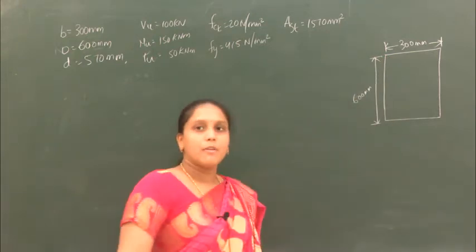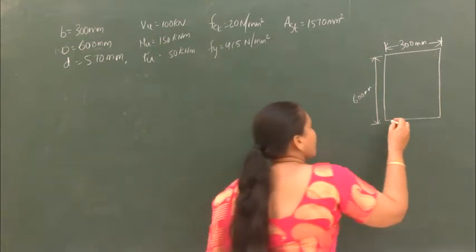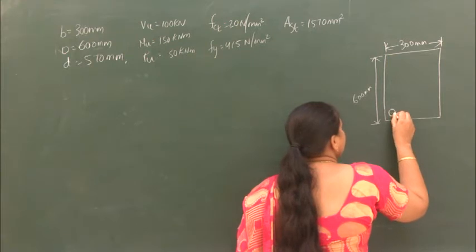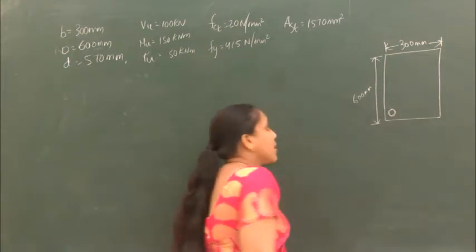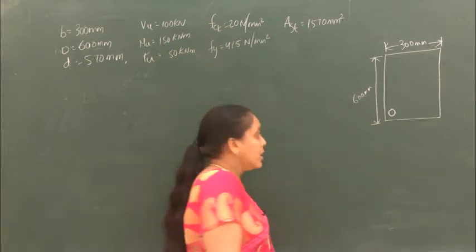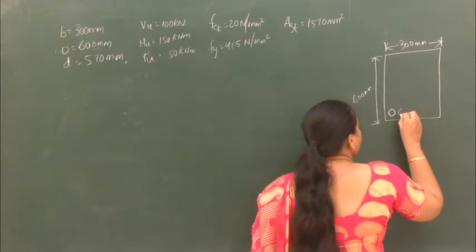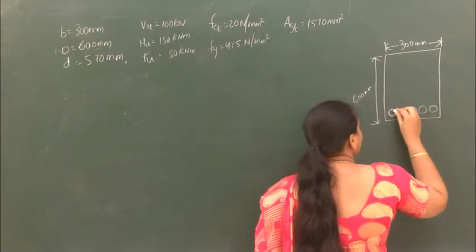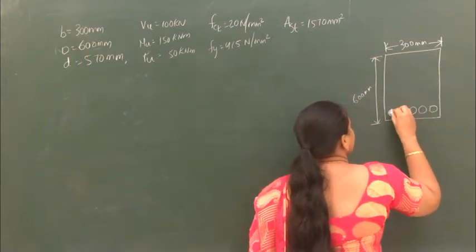Now we have provided the longitudinal reinforcement in the tension zone. How many bars do we have? We got 5 bars, and the dia of each bar being 20 mm.